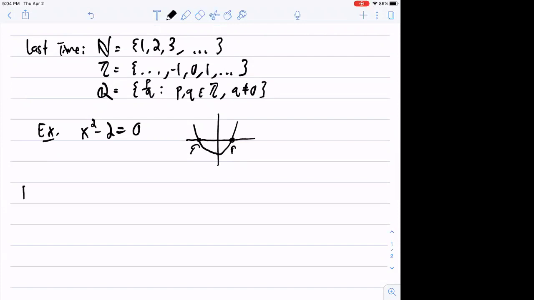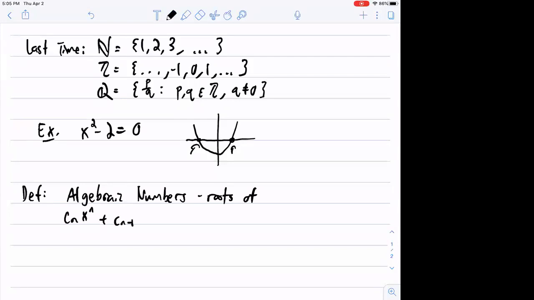But let me just write the definition: algebraic numbers. Basically, they are roots of some polynomial equation, right?